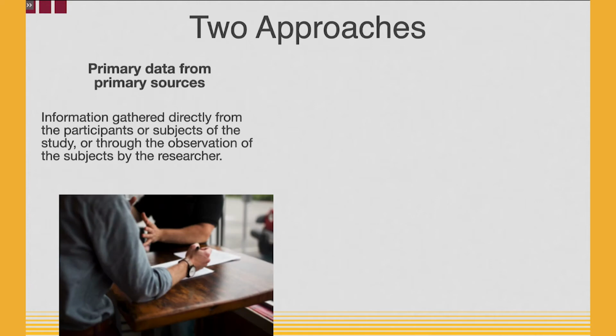There are two approaches to getting data. You can get primary data from primary sources, and this is basically just information that is gotten directly from a participant or subjects of a study, or through the observation of the study subjects by the researcher.